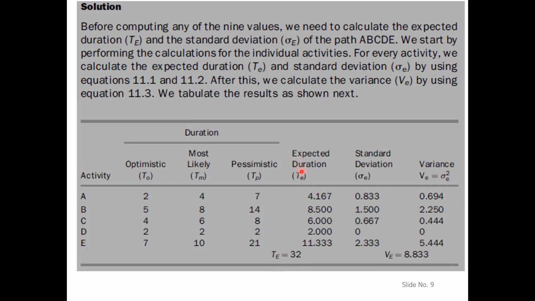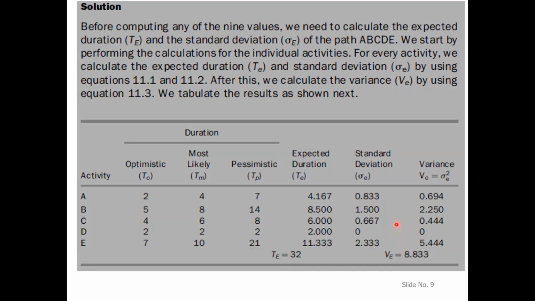So the expected duration for the project in this case is 32 days, and the variance for this project is 8.833 days. We need this variance later on. We will take the square root of that, which will be the standard deviation for the project duration.